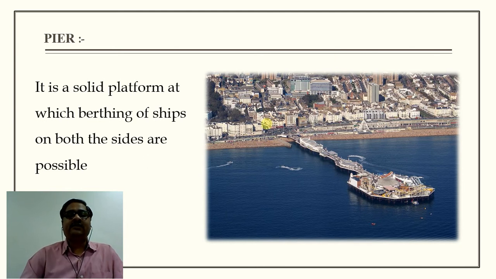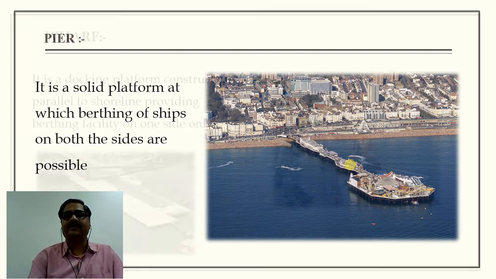It is a solid platform at which berthing of ships on both sides is possible. Here, as you see, a ship can be accommodated on this side or this side, and through it passenger transportation and cargo transportation is possible. So this is called a pier.